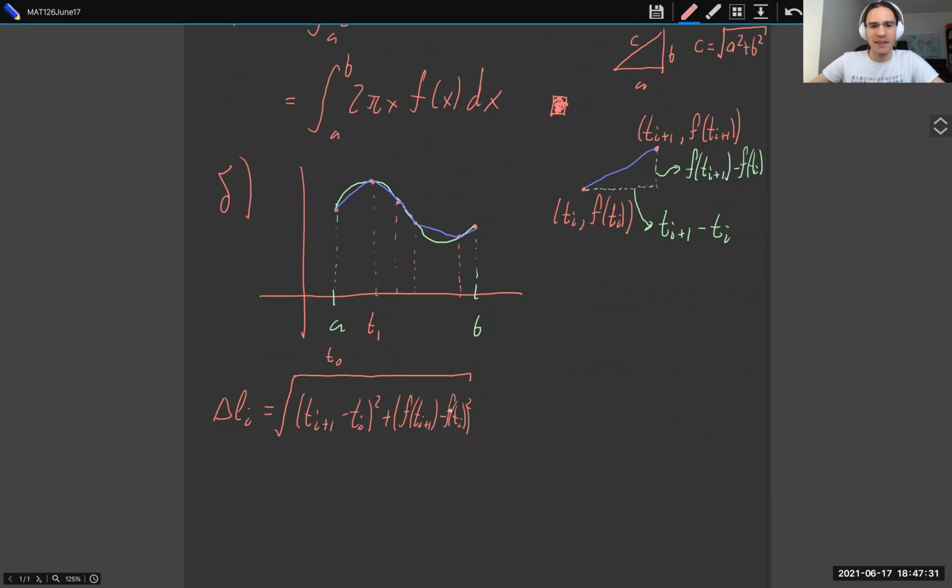Now I didn't have to write it in such a condensed form. I can factor out a t sub i plus 1 minus t sub i from the radical.